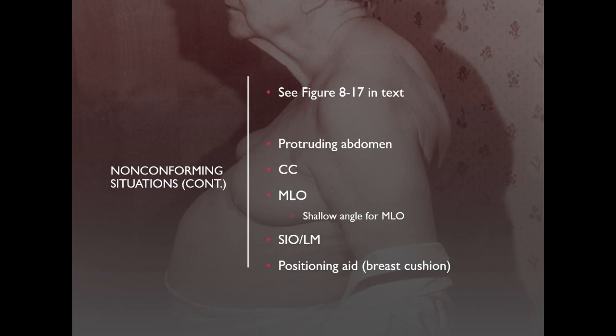It's about a 1/4 inch of a breast cushion that you can wrap around your detector plate, and it just makes it more comfortable for patients like these where that detector is really going to dig into their abdomen. So it's a comfort aid. Some facilities may have them, some may not.